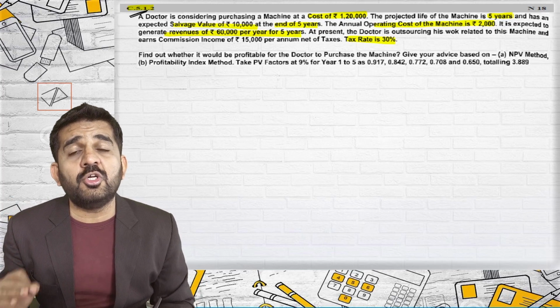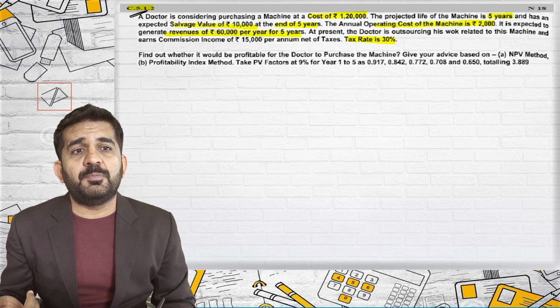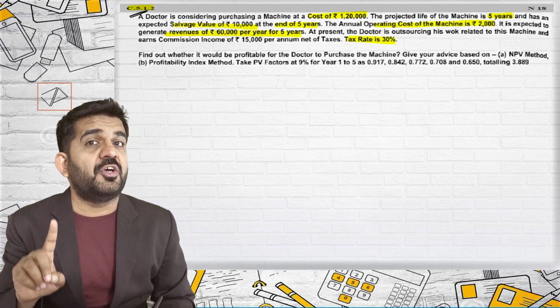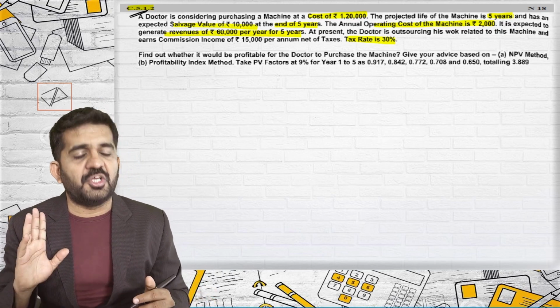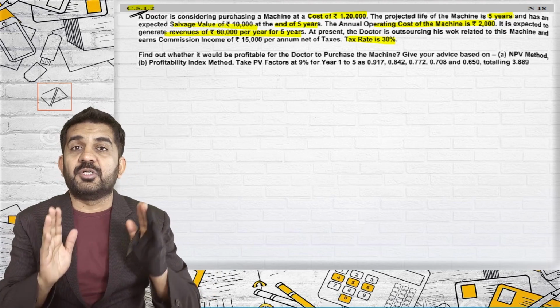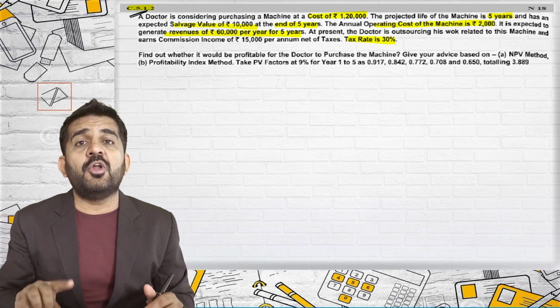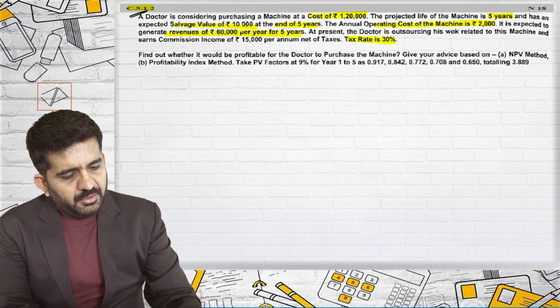For that, the doctor will be getting commission. Now this doctor is planning to purchase this machine. So his commission income will now stop. Yes, he might be earning some business, but his commission income will stop. We need to advise the doctor whether he should purchase this machinery and stop getting that commission, or continue with his commission.